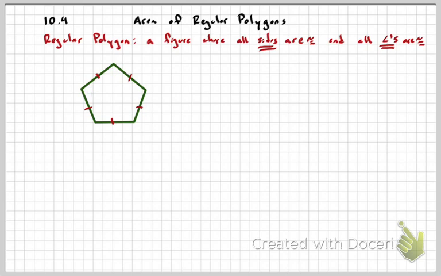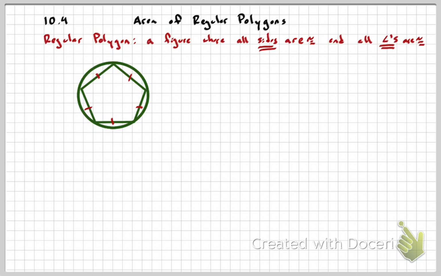I'm going to put this in a circle, and the reason why is because we're going to talk about central angles in a second. Even though I drew a circle around this pentagon, all the diagrams that you guys are going to be looking at won't have this circle. The circle is just for reference.